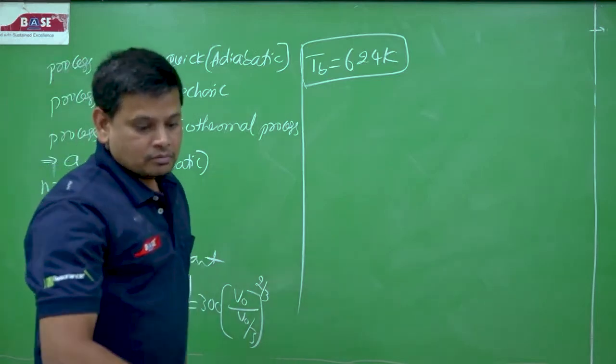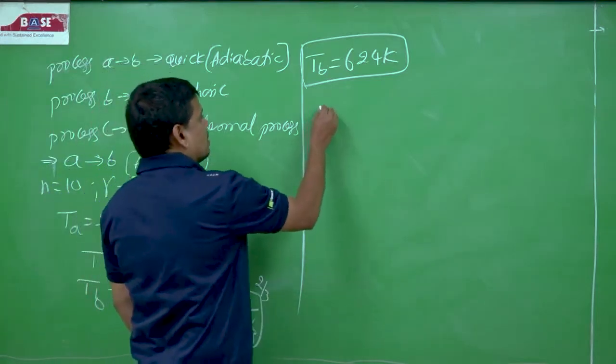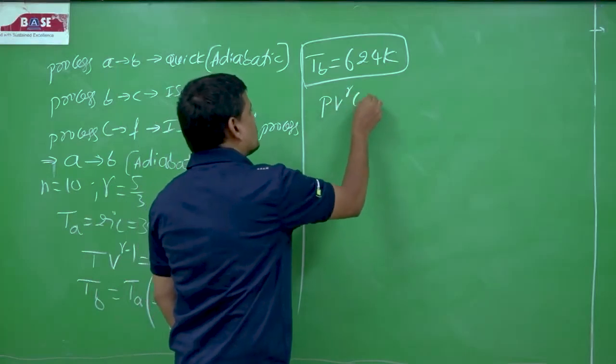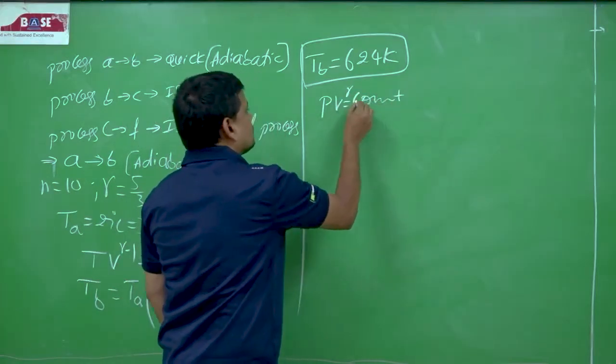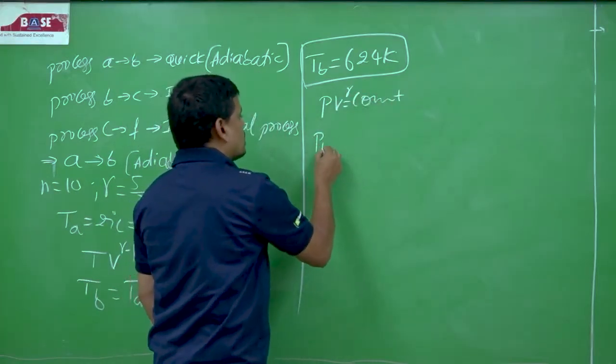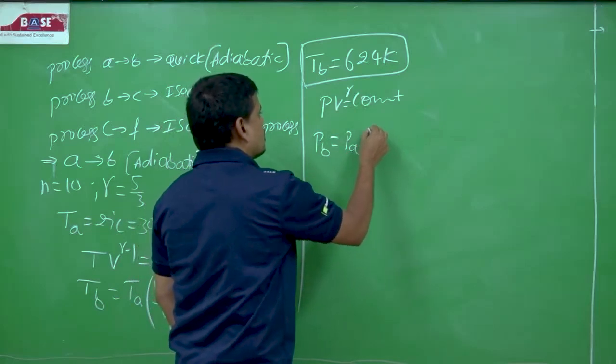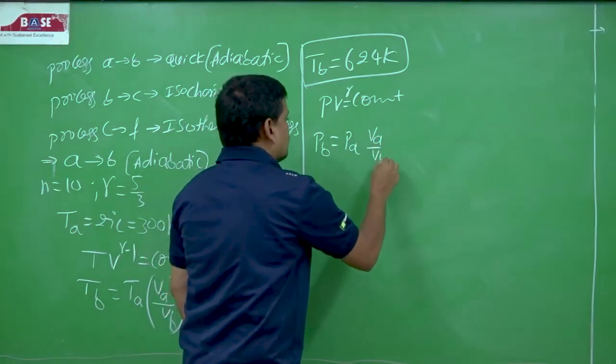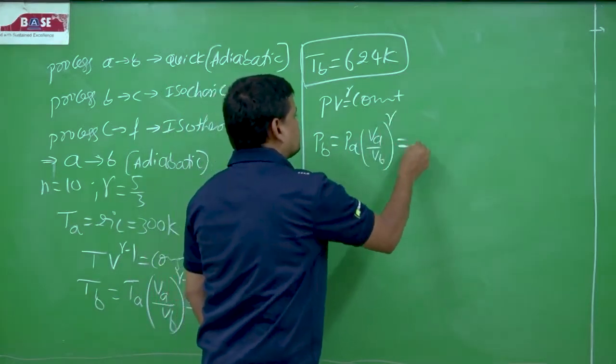Now let us see the pressure also. We know that P V to the power gamma is constant. With this relation, I can say that pressure at point B equals pressure at point A times VA upon VB whole to the power gamma.